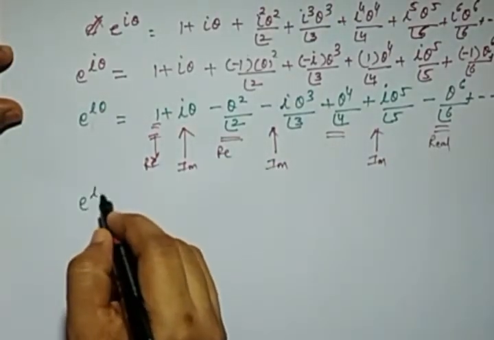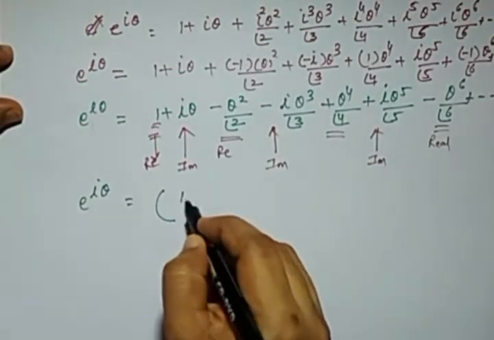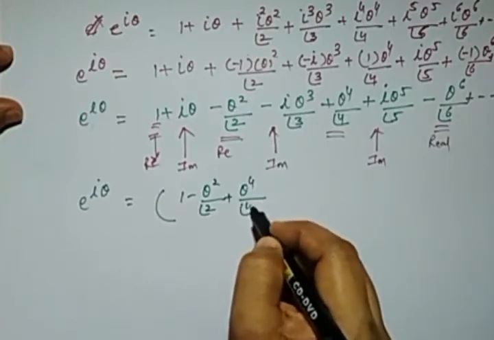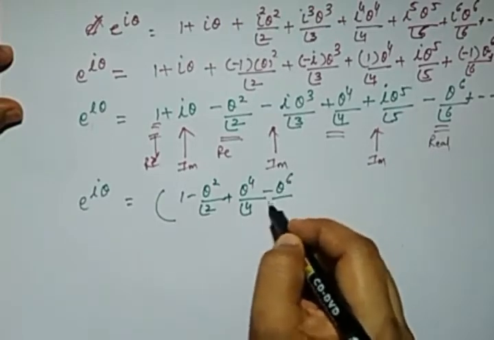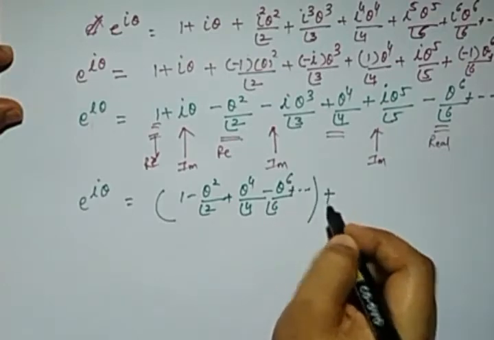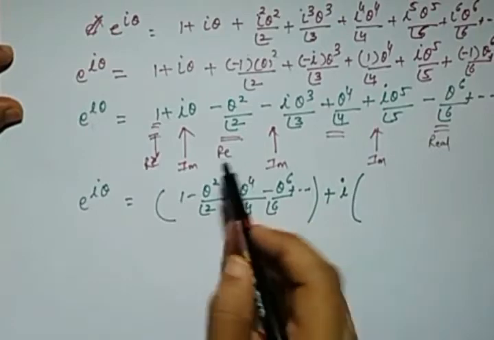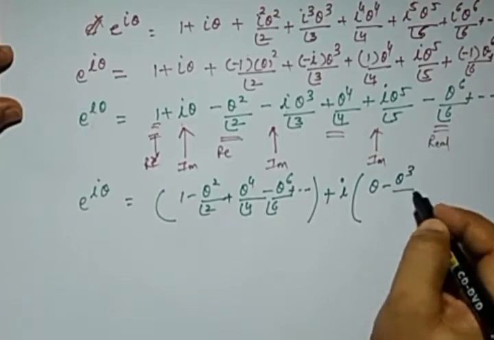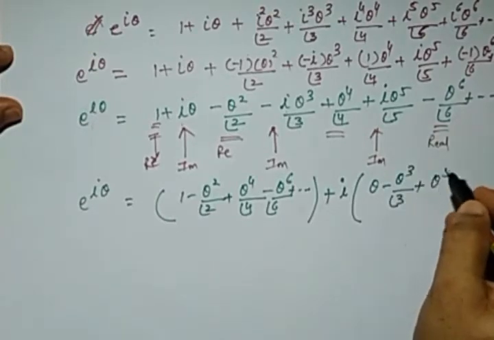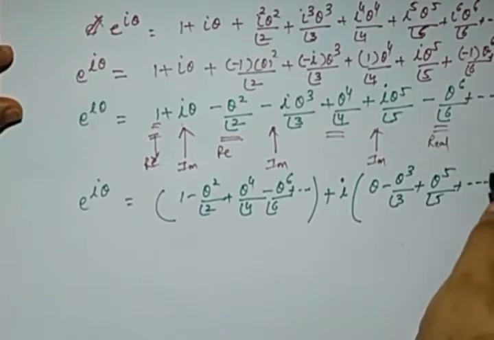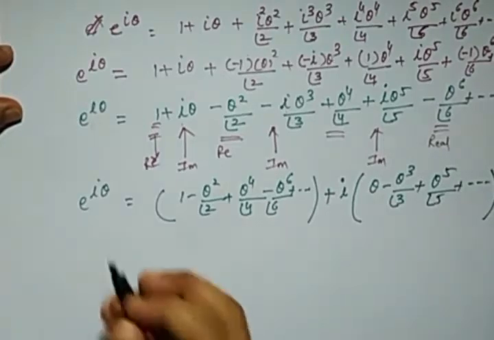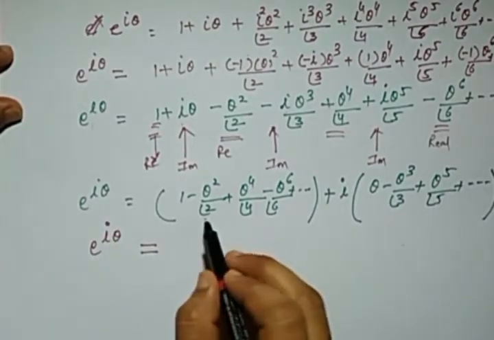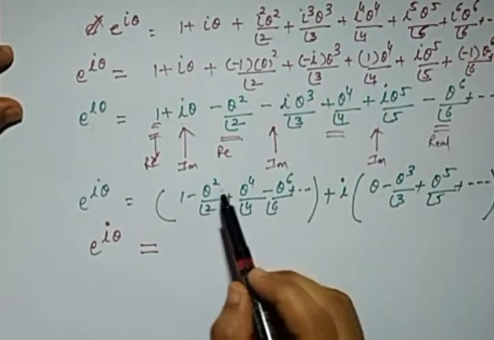So e raised to power i theta is equal to 1 minus theta square upon factorial 2 plus theta 4 upon factorial 4 minus theta 6 upon factorial 6 plus other even terms, plus from the imaginary terms we can take i common. So this becomes theta minus theta cube upon factorial 3 plus theta 5 upon factorial 5 plus other terms.